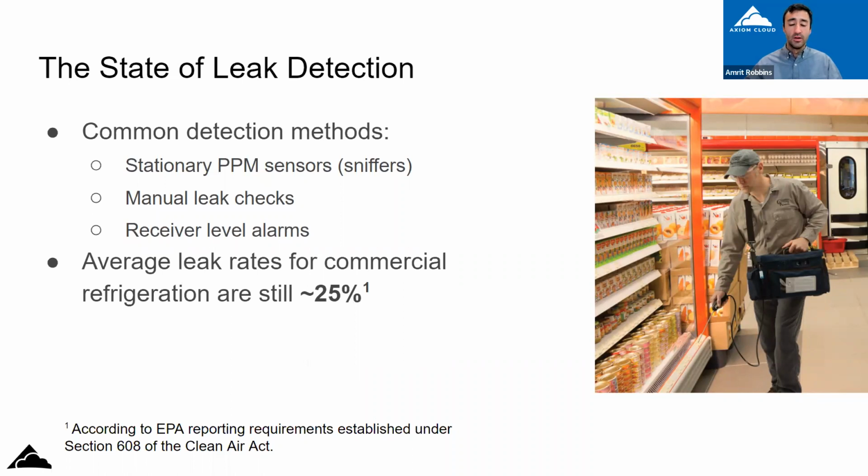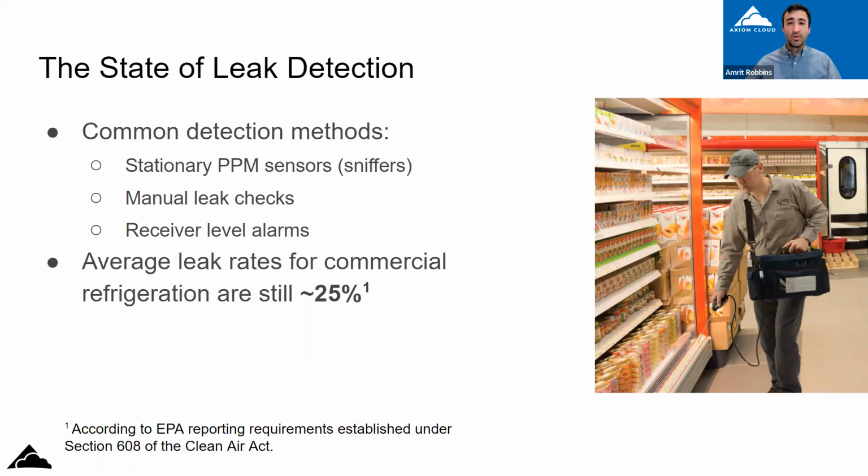We're sold into many stores at this point, over 150 stores. And at the stores where we're actually operating these services related to refrigerant leak detection, we found leaks in 10% of them. So if you annualize that, that's about 30% of stores leaking per year. That is very much in line with what we're seeing here in terms of these numbers, assuming some of those leaks are pretty large, which statistically they will be.